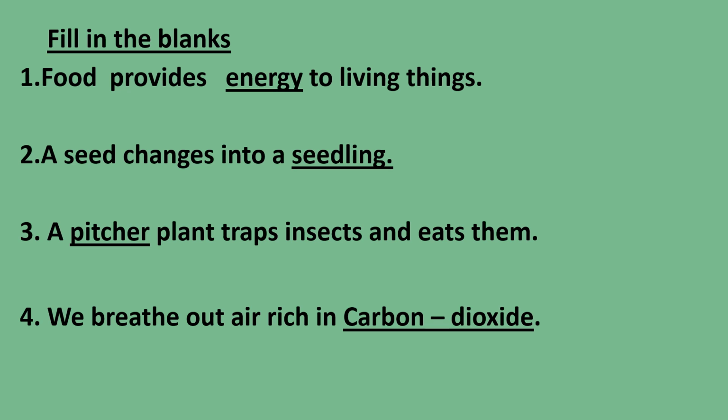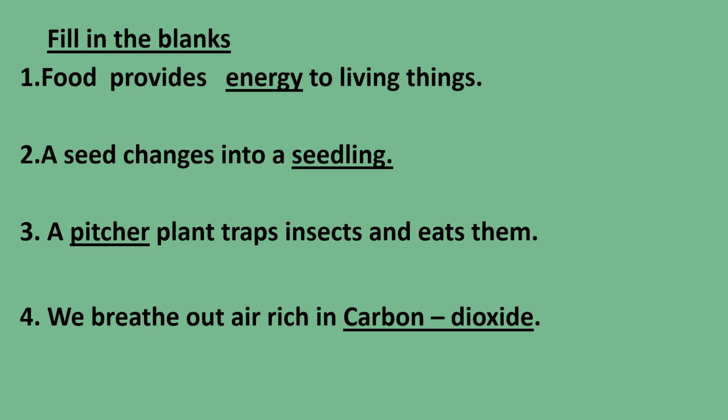Second is a seed changes into a dash. The answer is a seed changes into a seedling. Children, the very first stage of a plant is a seed. Okay, then with the process of germination, it first changes into a seedling and then to a growing plant.